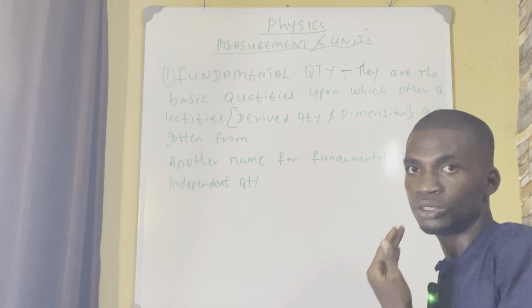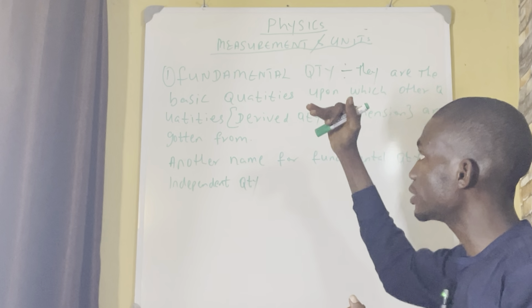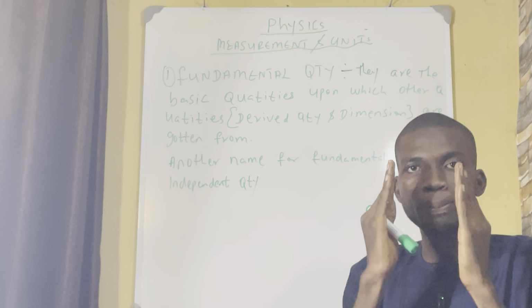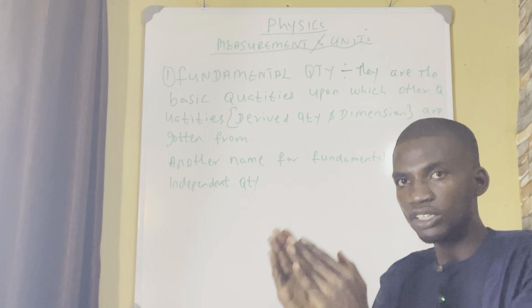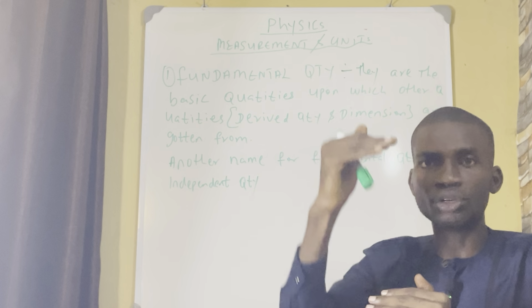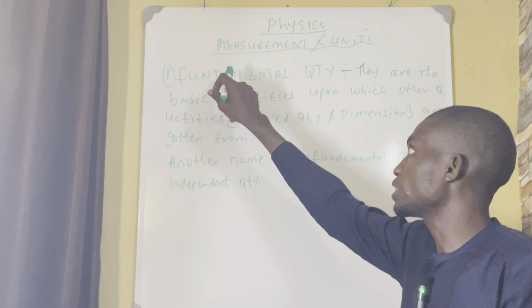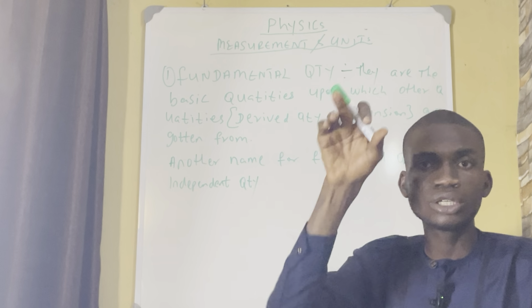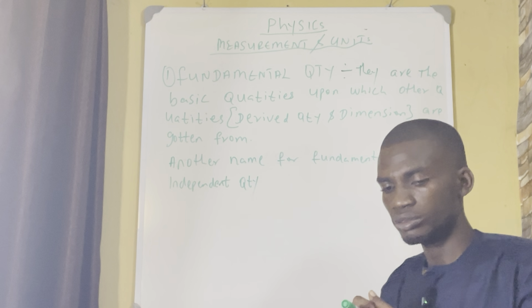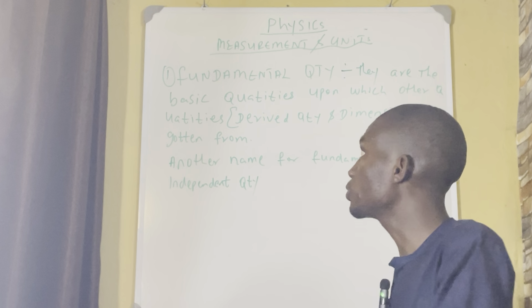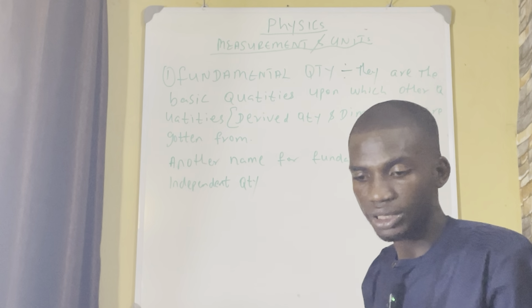Once you understand that fundamental quantities are basic, the foundation upon which others depend, without fundamental quantities, the derived quantity and dimension cannot be gotten. So now, let's go to examples of fundamental quantities.